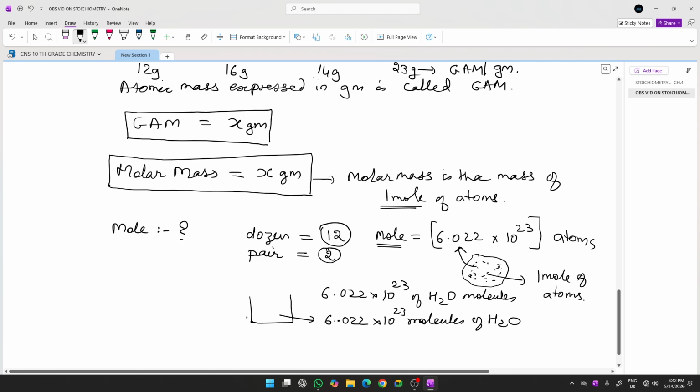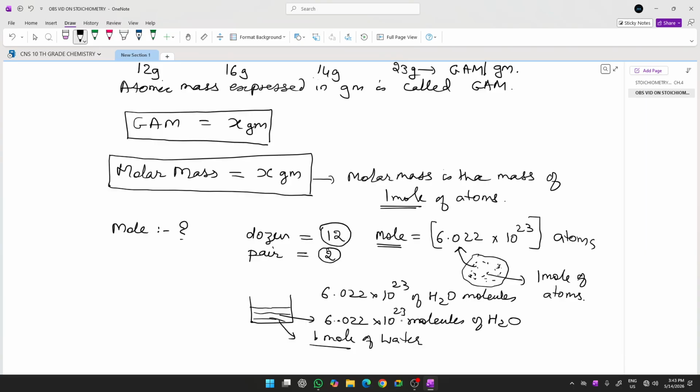So the meaning of this is he is trying to tell you that he has 1 mole of water. Now you understand? So 1 mole is a name given to this many numbers, 6.022 into 10 raised to 23.